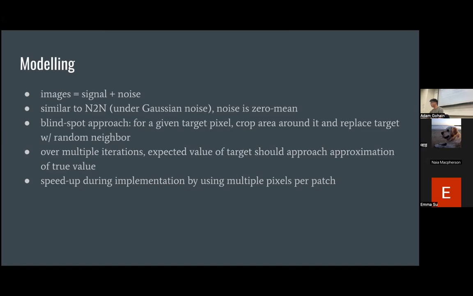And very similar to Noise2Noise, the expected value for such noise is also assumed to be 0. So Noise2Void extends the methodology explained in the previous paper by taking a pair from a single image.